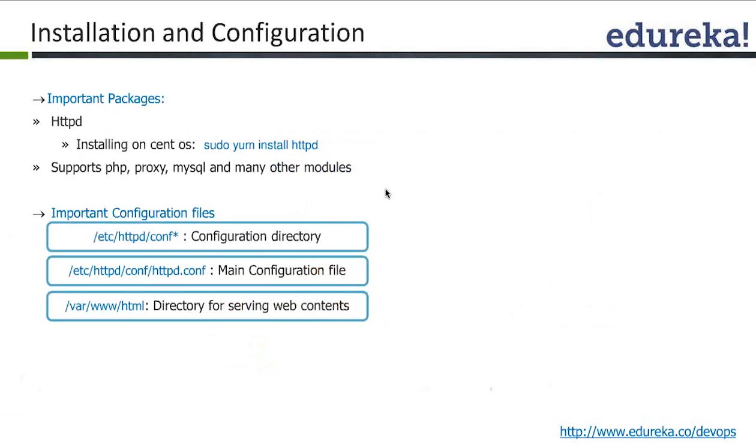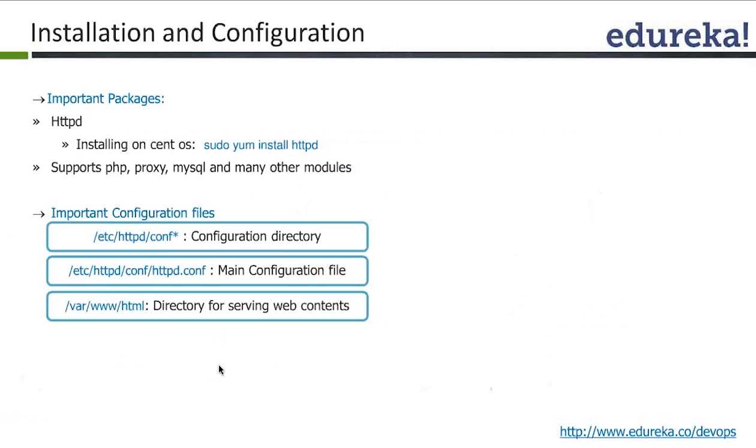Now, the configuration of your Apache is a very simple thing. You have to install your web server. If it's CentOS, it's going to be the httpd installation. Then it just has a single configuration file, which is called httpd.conf, and there is a directory where all your objects are kept.